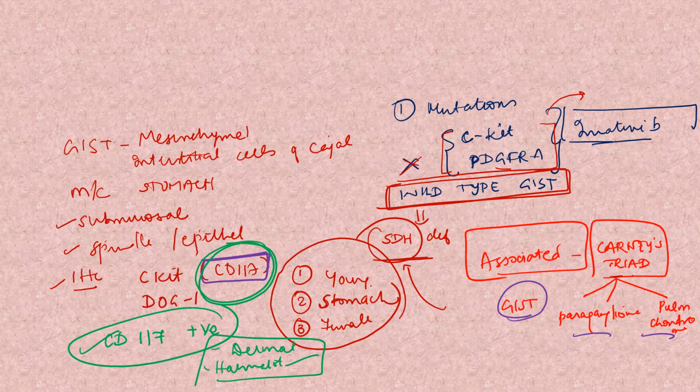There are a few more, but do post in the comments what you know about the dermatological and the hematological conditions in which you have CD117 positive cells. Tomorrow I'll update the answer for this. So in short, this is the gist of GIST.